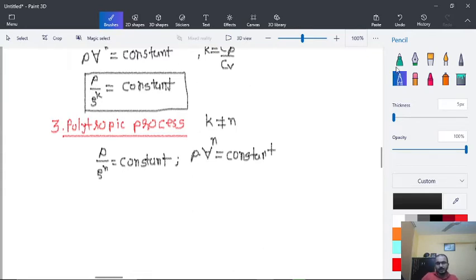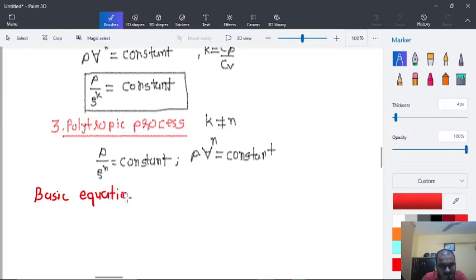Now the next topic, let's begin. Basic equations of compressible flow.